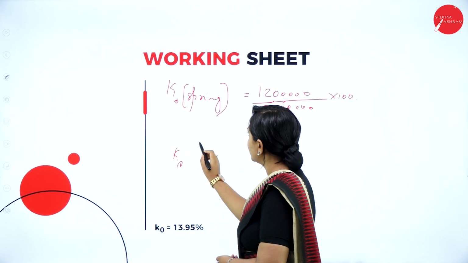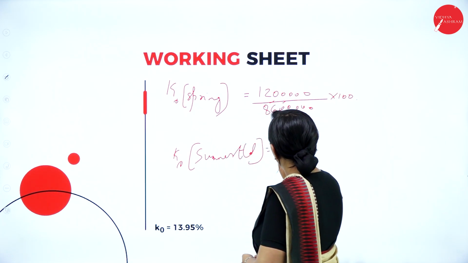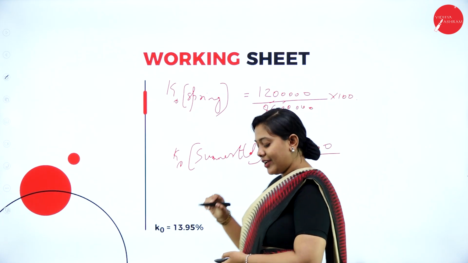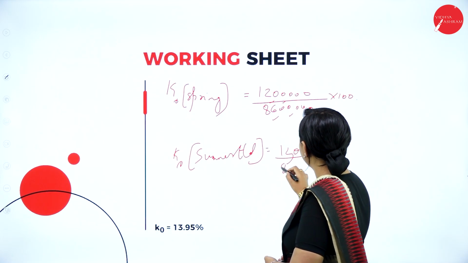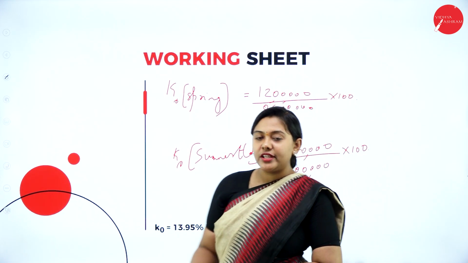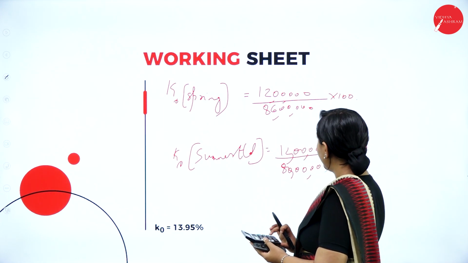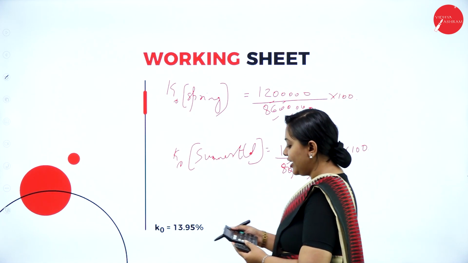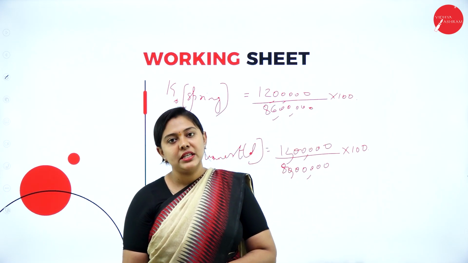Similarly, we have to do it for the Summer Limited. 12 lakh is the EBIT, and the value of the firm is 80 lakh into 100. Now let us calculate it. 12 lakh divided by 86 lakh into 100, it is 13.95%. So similarly, we have to do it for the Summer Limited.